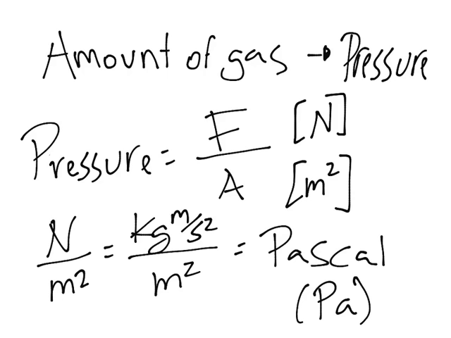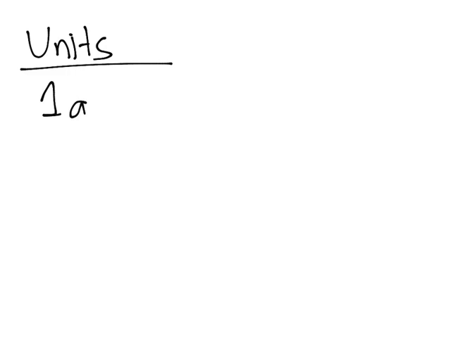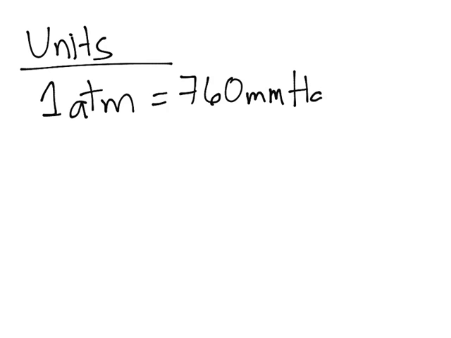However, there are more units for pressure that we'll use more often. Let's write all of them. So units. The one we use the most is called an atmosphere. So you just write it like 1 atm. And that will be equal to 760 millimeters of mercury.